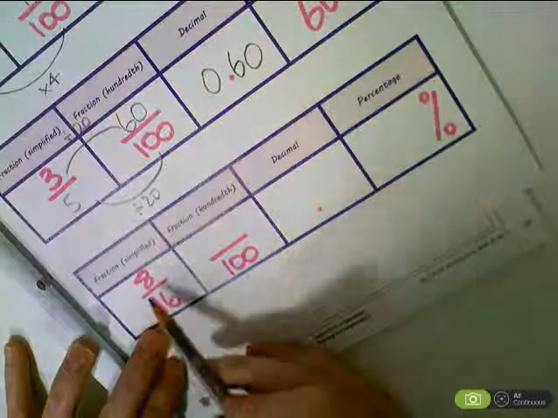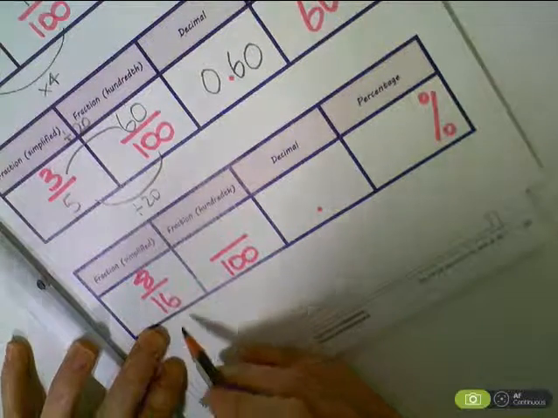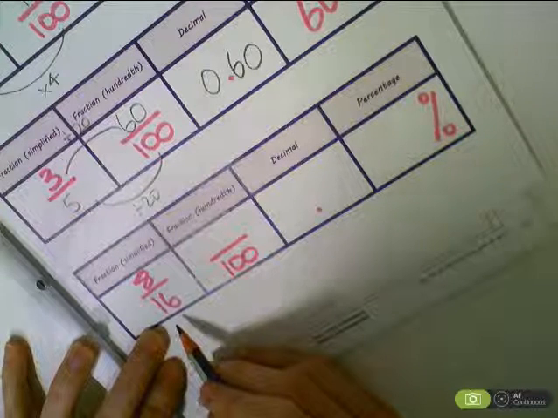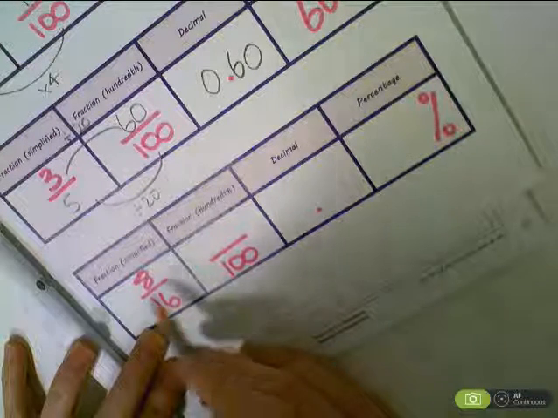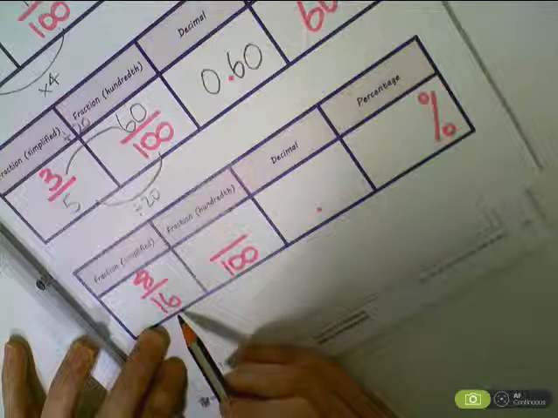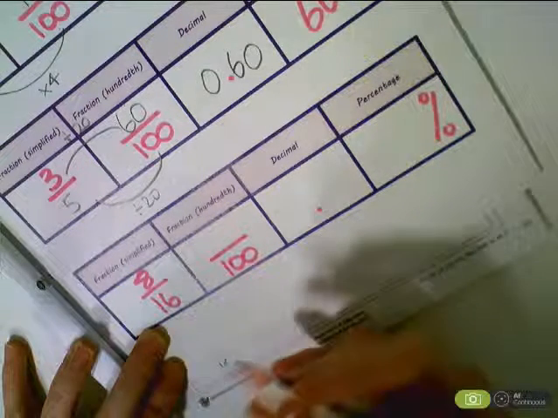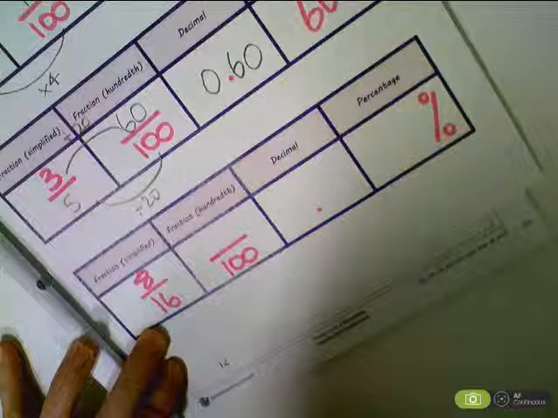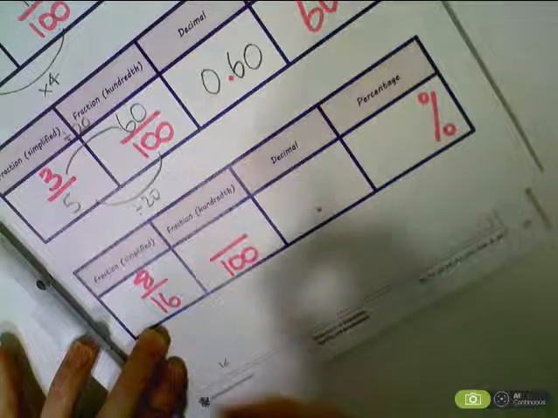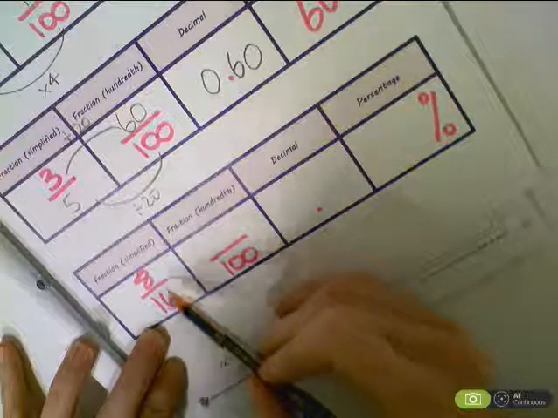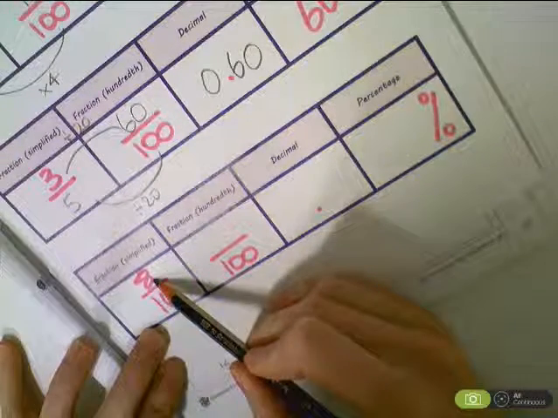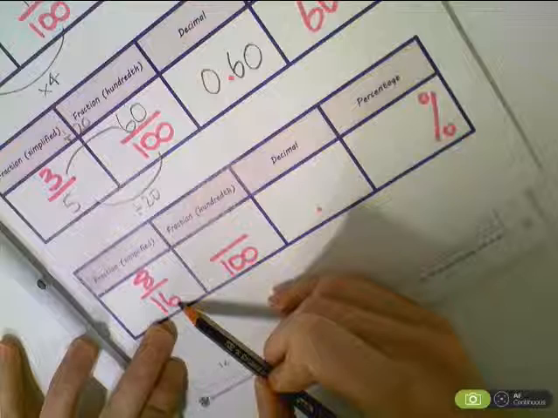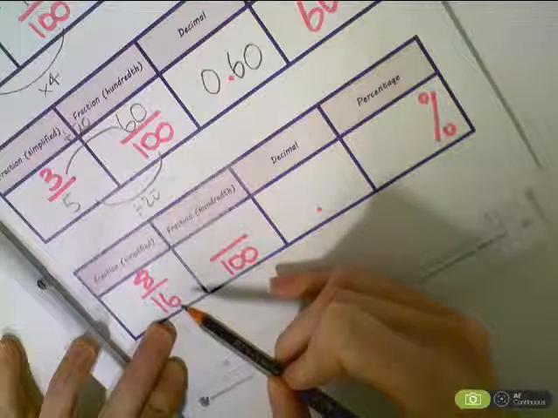So first of all, I can see 8 and 16, they're both even numbers, so I should be able to divide each by 2. But when we're simplifying fractions, we always want to try and find the highest number that will go into both numbers, and here 8 goes into 8 and 8 also goes into 16, so that would be my highest number.